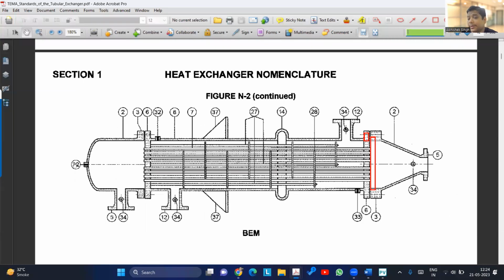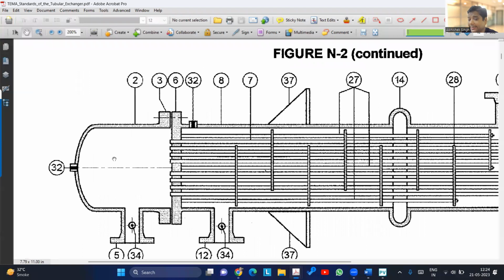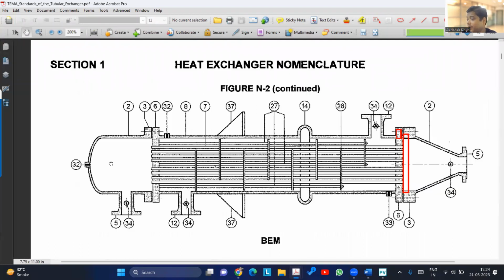Okay, let us see, this is my heat exchanger. I have to do hydro test for leakage testing for both shell side and tube side, right?